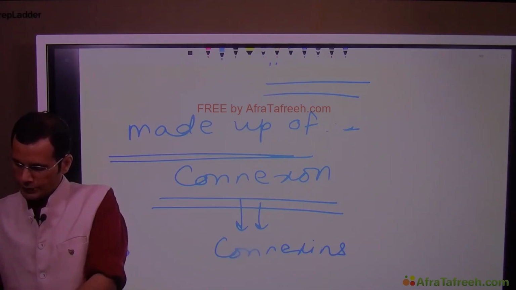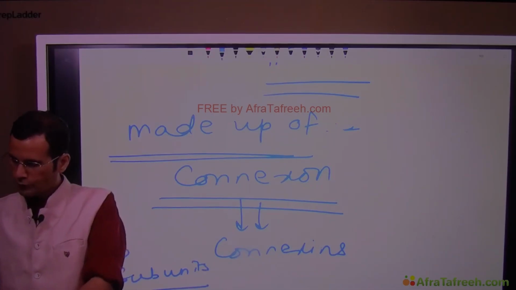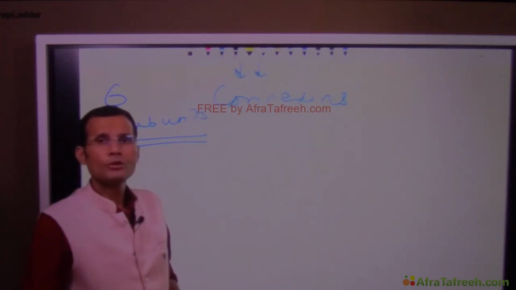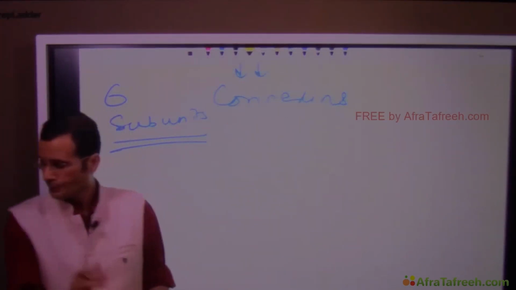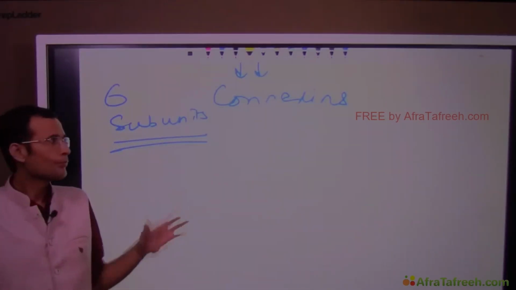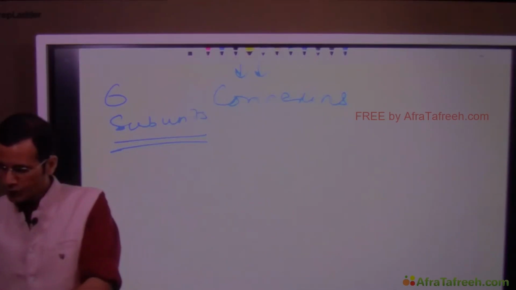Six small subunits called connexins. So let me give you an example. I asked you about Charcot-Marie-Tooth disease.